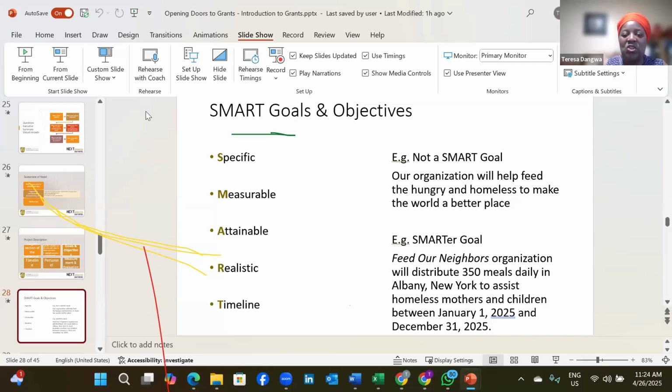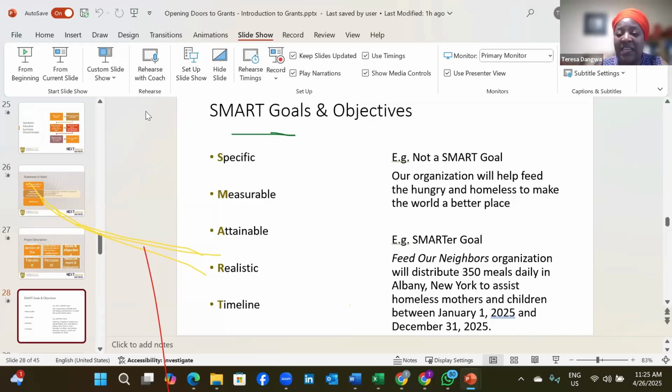In that goal, you have told us, number one, who you are. You have told us how many meals are going to be distributed and when. It's going to be 350 meals daily. You have also let us know where. It's in Albany, New York, and who is going to be assisted, homeless mothers and children.